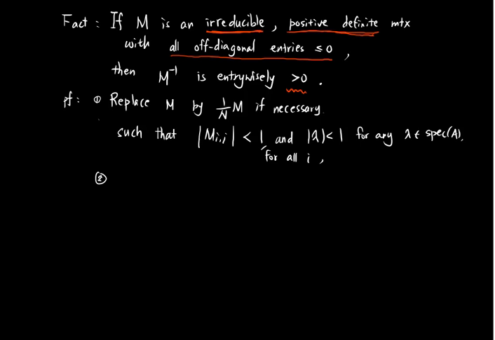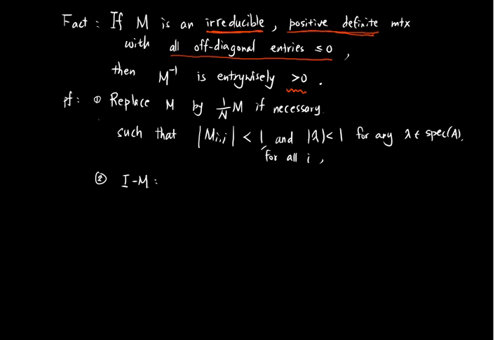The key idea of this proof is the following: consider this matrix, I minus M. Now you think about this I minus M. The diagonal entries are less than 1, so all the diagonal entries are positive. So let's see what properties we have.